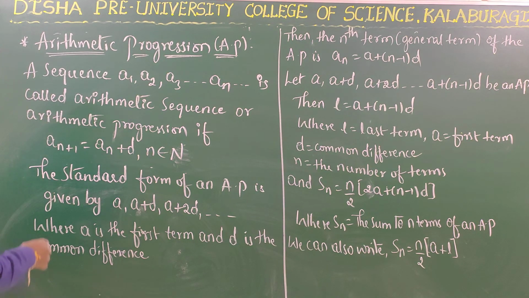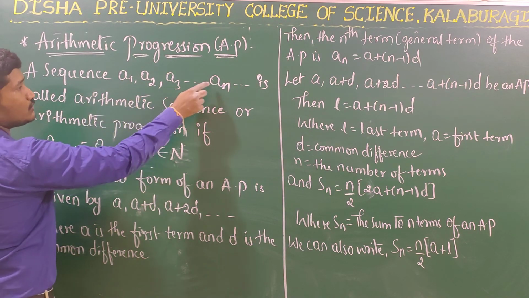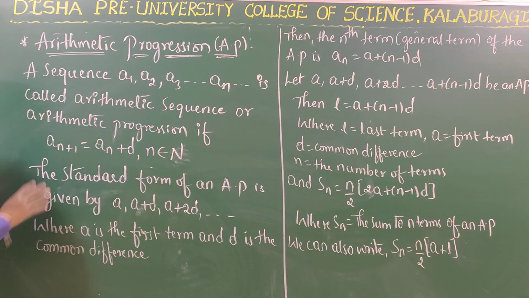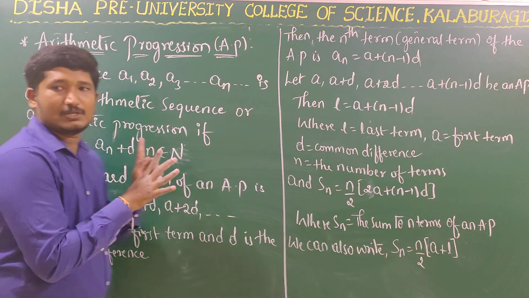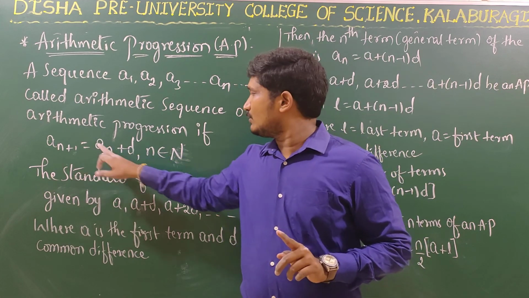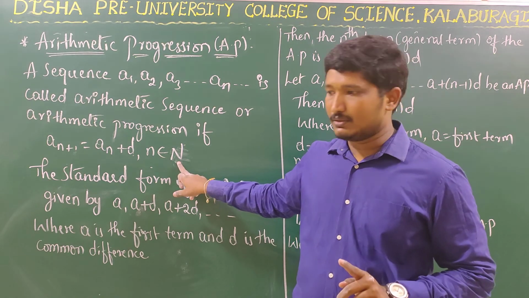I have written that a sequence a1, a2, a3, and so on is called an arithmetic sequence or arithmetic progression if a(n+1) = an + d, where n belongs to the natural numbers, right?